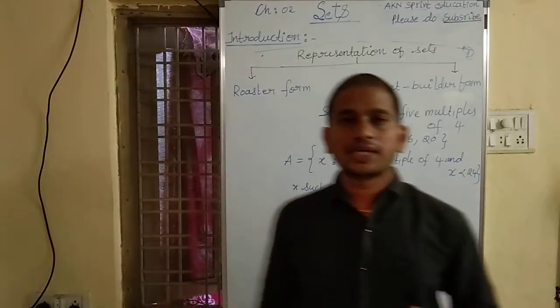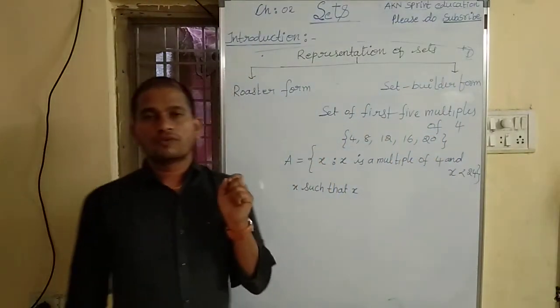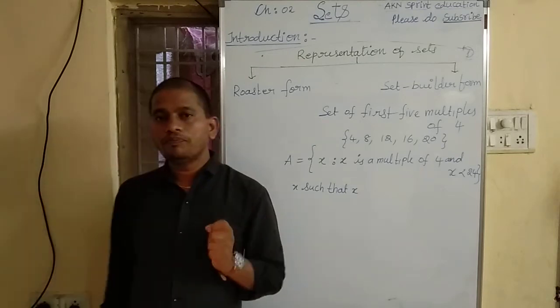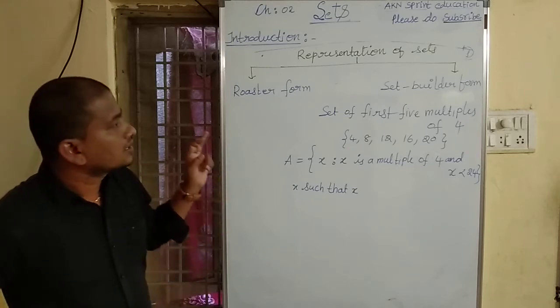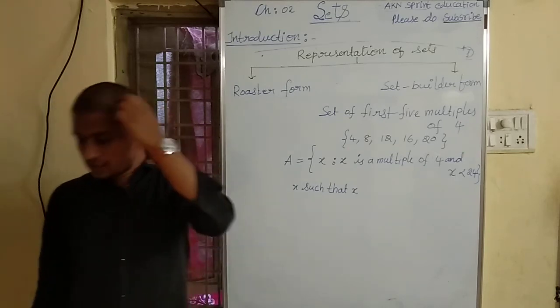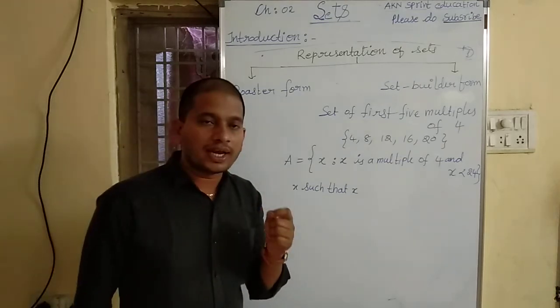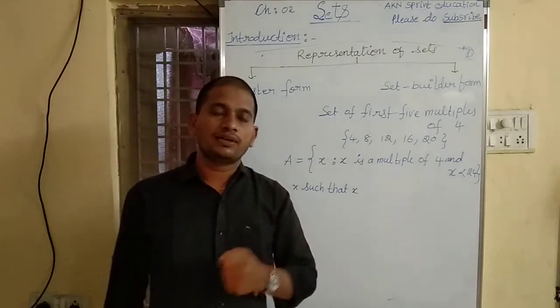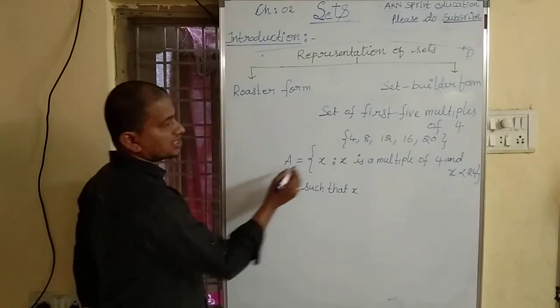Actually, we can represent a set using two forms. The first form is roster form and the second form is set builder form. We are writing a list of elements in the set separated by commas.